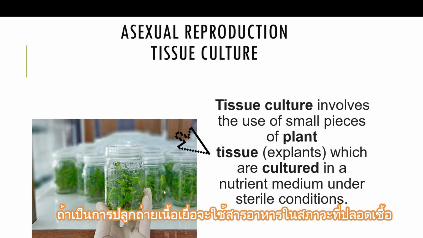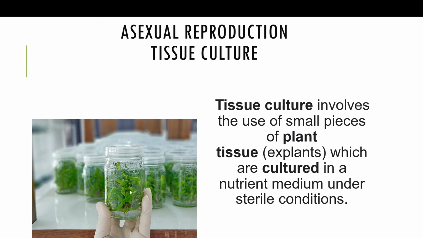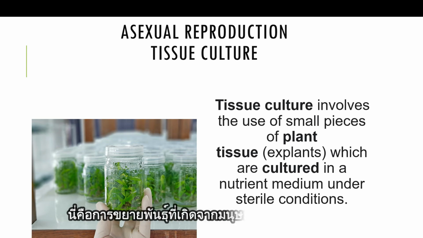Of course, there is nutrient inside the glass. So later on a new plant will grow and grow and grow. So that is tissue culture, but that is being done by humans, not by animals.